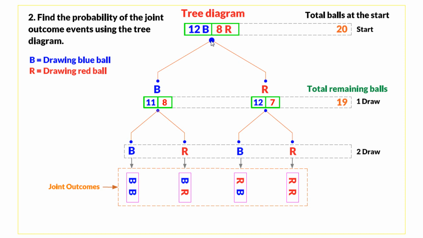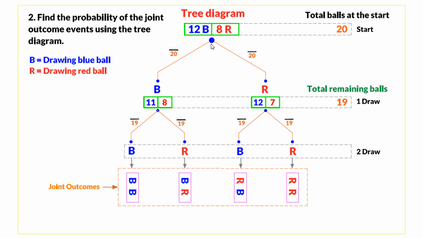For the first draw, whether we are picking red or blue, we are doing that out of 20 balls. So the probability of picking red will be out of 20, and the probability of picking blue will be out of 20. As for the second draw, we are picking a ball out of 19. So whatever we pick for the second draw will be out of 19.